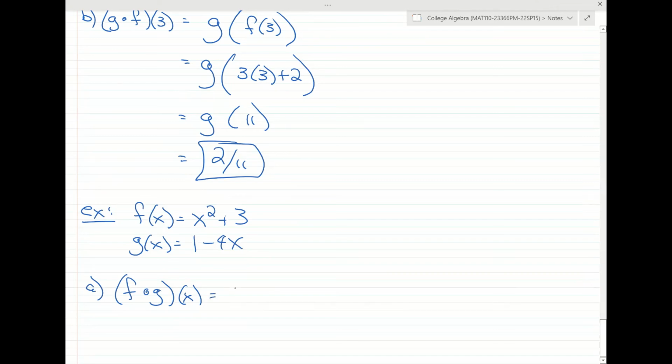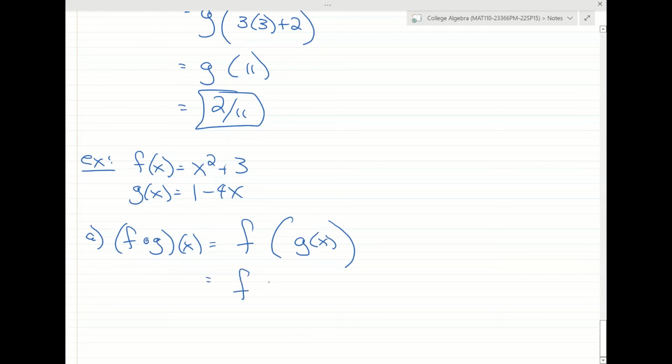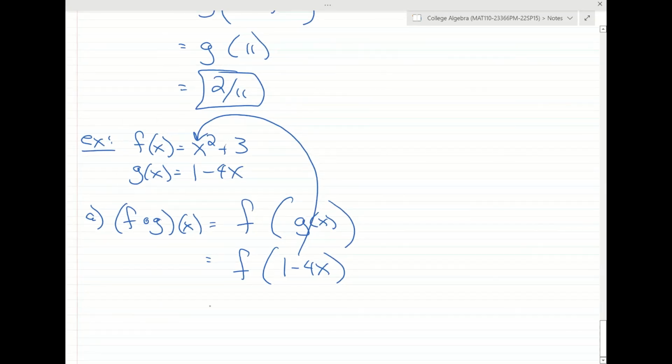What this means, just like before, you figure out what g of x is, and then you put it into f. Nothing changes because there are variables. So g of x is just 1 minus 4x. The rules stay exactly the same. So we're going to plug in 1 minus 4x for the x right there. Instead of saying x squared plus 3, it's going to be (1 minus 4x) squared plus 3.